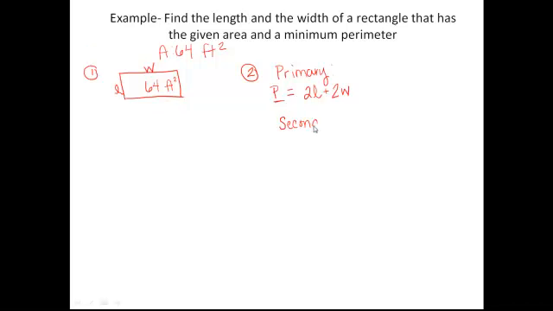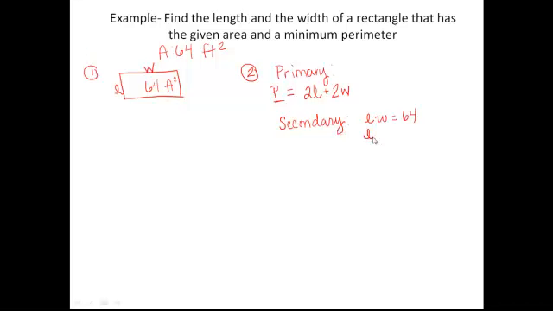So we want to get it in terms of one variable. So I am going to need my secondary equation here, and they did give us area, and so the area of a rectangle would just be given by length times width is equal to area, which we know is 64. So now it doesn't really matter, but I'm going to be solving for one of these variables so that I can write the perimeter in terms of one.